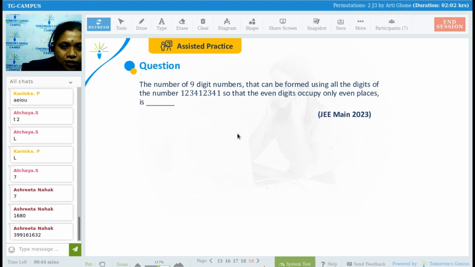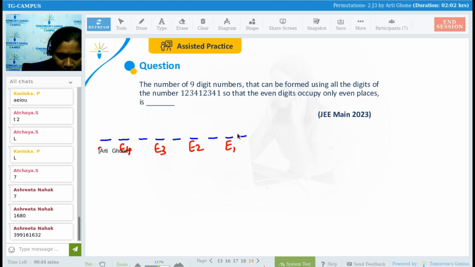Now in a 9-digit number, obviously 1, 2, 3, 4, 5, 6, 7, 8, 9. First place, second place is even, E1, E2, E3, E4, 4 only, right? And how many odd places are there? O1, O2, O3, O4, O5.